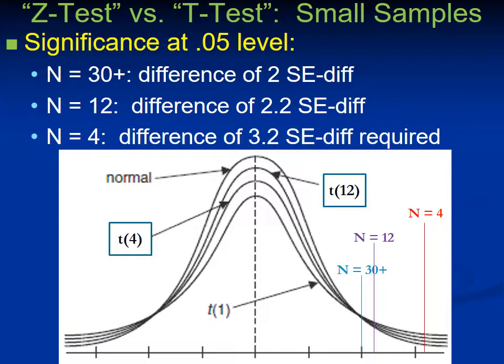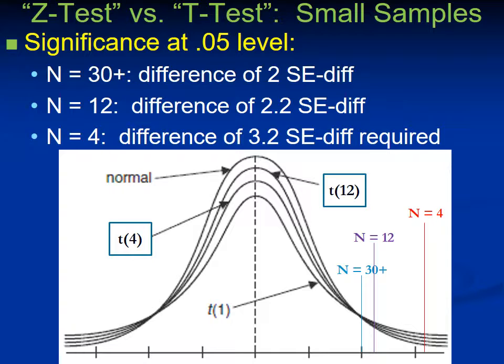And then as you keep approaching that magic number of 30, you get closer and closer to normal and just requiring that familiar 2 standard errors of the difference. Okay, so just remember, with samples below 30, you're going to be using a t-table instead of what some people refer to as the z-table, the z-score, and that is the familiar normal curve proportions we've been using.